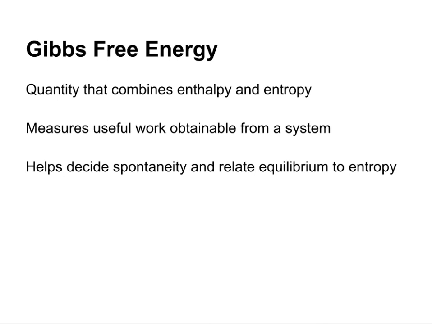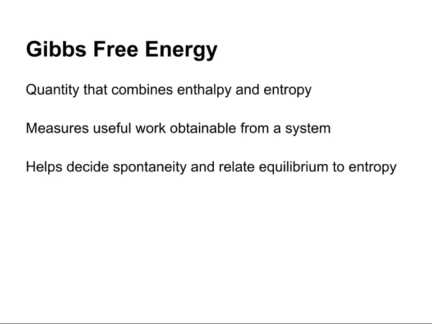Let's talk about a new quantity called Gibbs free energy. It's a quantity that combines enthalpy and entropy into one term. It measures the useful work that's obtainable from a system, and it helps decide the spontaneity of a system and helps us relate equilibrium to entropy.